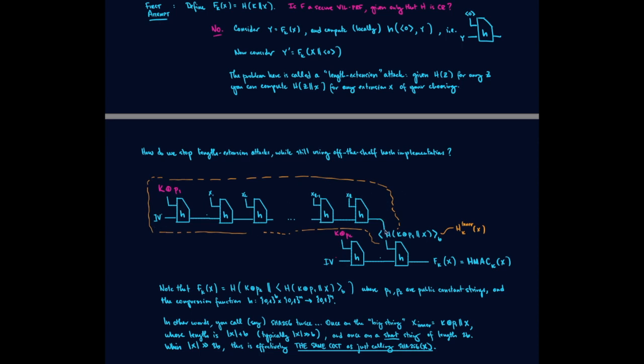You take that output, you call SHA-256 again with the key in the first block and the output of the previous call in the second block. So this is a very quick call to SHA-256 to make HMAC. So we can use an off-the-shelf implementation of, say, SHA-256, a single key, and under some relatively mild assumptions, we can prove that HMAC is a secure variable input length PRF.